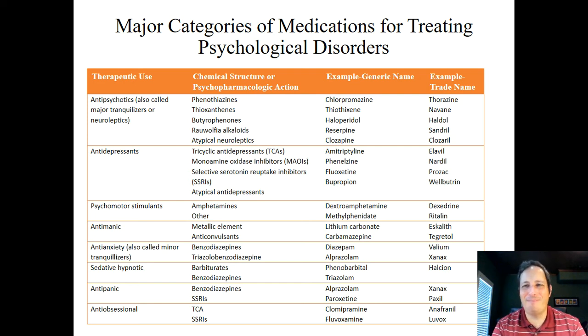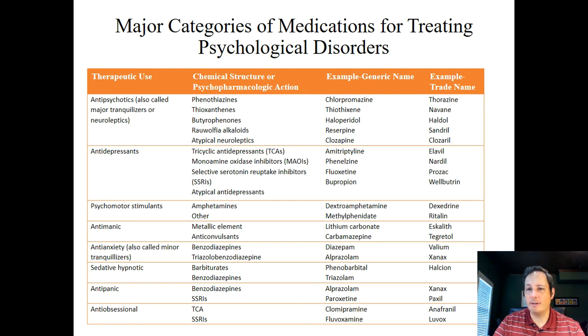I'm sorry, I butchered this. These are not easy. So that's the generic name, or you can go all the way back to the chemical names. So you can talk about monoamine oxidase inhibitors, selective serotonin reuptake inhibitors, or tricyclic antidepressants. And so when people discuss medications, there can be some confusion, because there could be 3 different names for that same little pill that somebody might be taking. So we just have to be careful about that.